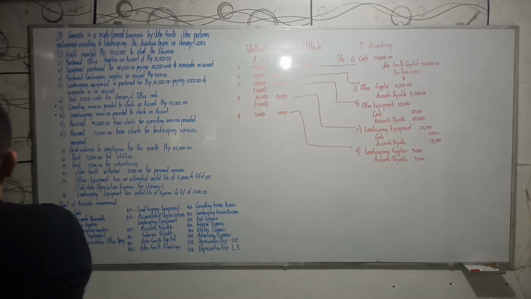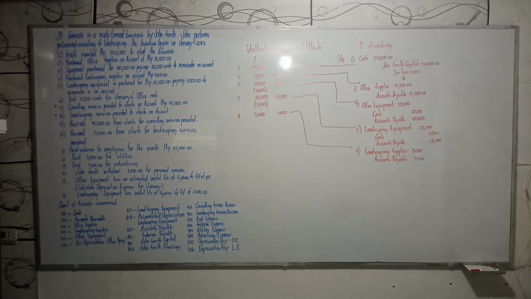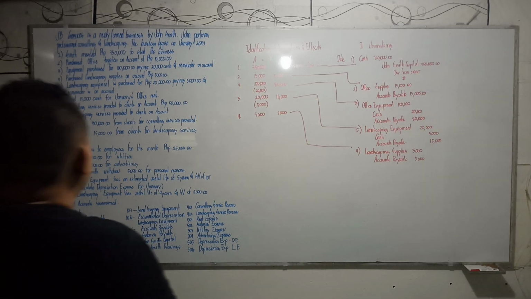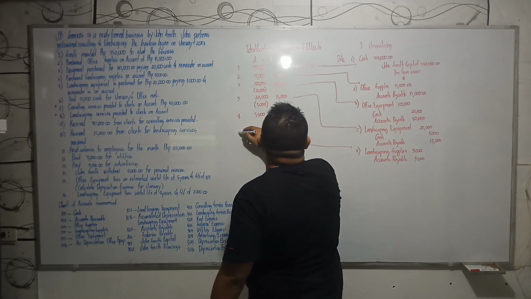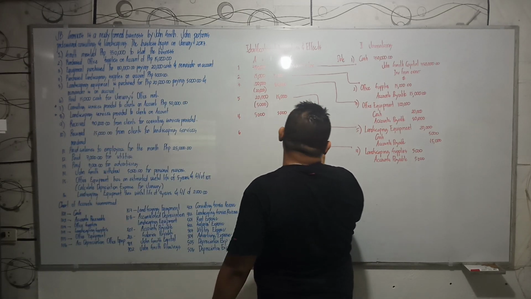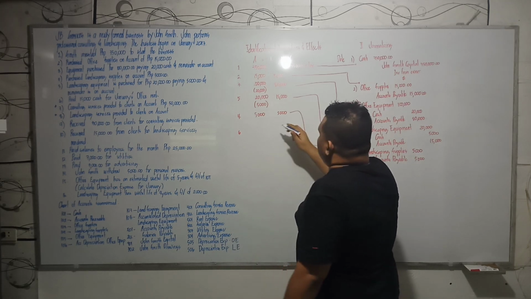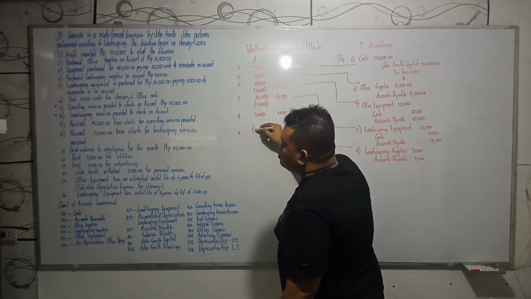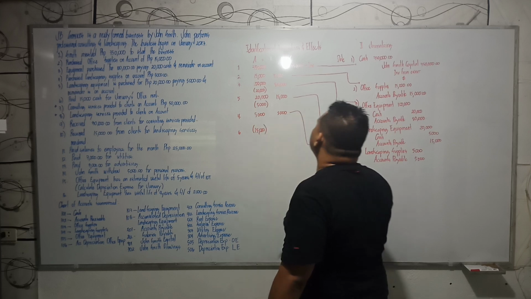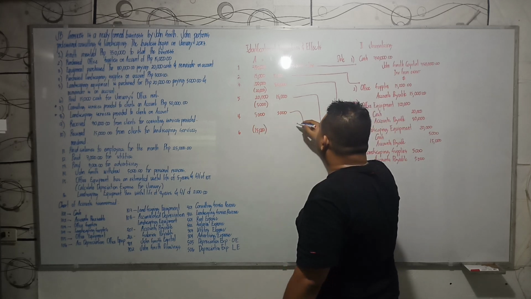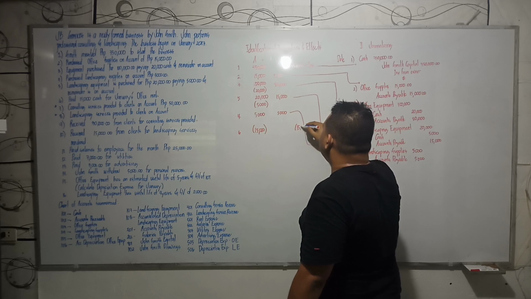Paid 15,000 for January's office rent. So, of course, on number 6, the effect is minus 15,000 because you have paid for the rent. And then on the capital side, we have negative also 15,000.